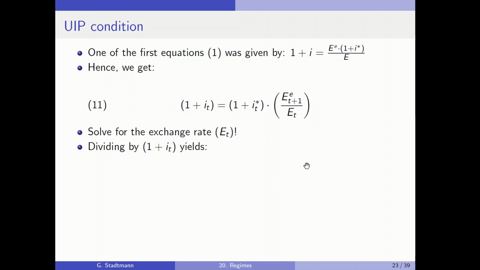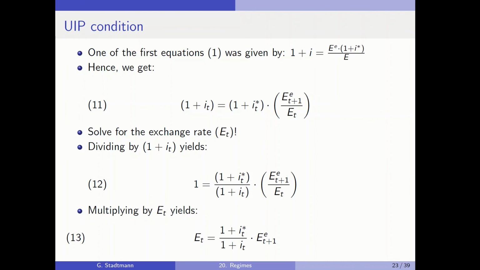In the first step, we divide by 1 plus i. When we put 1 plus i on the other side of the equation, we get to equation 12. Now we can multiply through by E_t. We put E_t on the other side of the equation, and we get to equation 13.